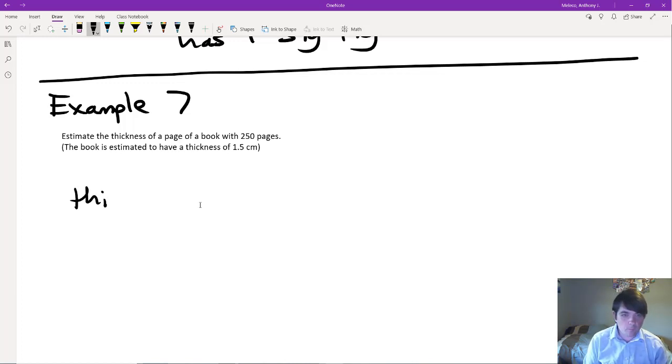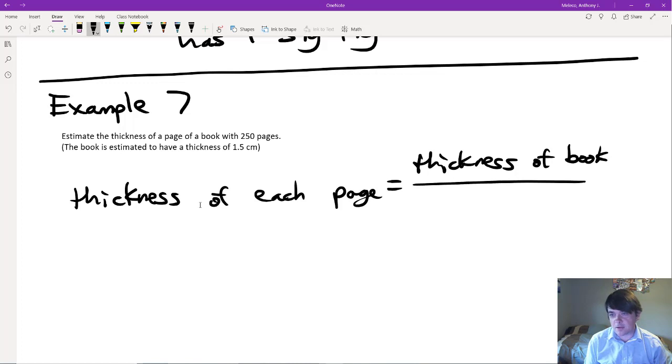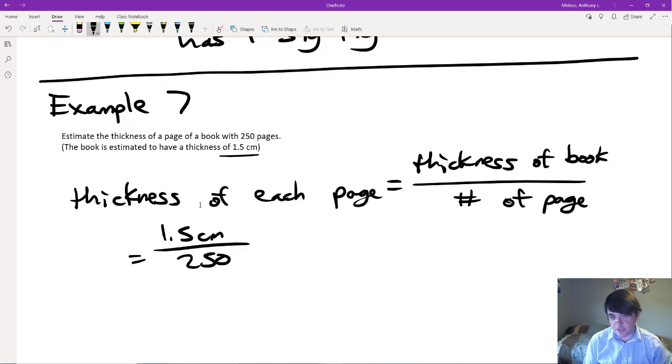So the thickness of each page should equal the thickness of the book divided by the number of pages, right? The number of pages have a thickness that will result in the thickness of the book. The book is estimated to have a thickness of 1.5 centimeters, and there's 250 pages.